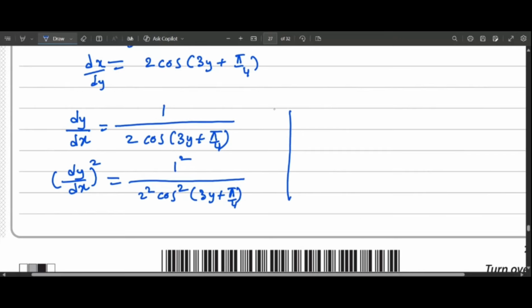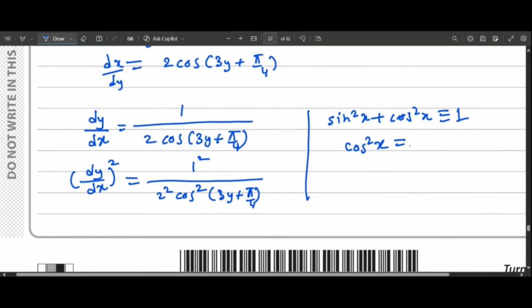Now we know that sin square x plus cos square x is equal to 1. We know this identity. From this identity, we can see that cos square x is equal to 1 minus sin square x. From this, we can see that this identity is true. Now, we can use this identity in our expression and write cos square 3y plus pi by 4 as 1 minus sin square 3y plus pi by 4.